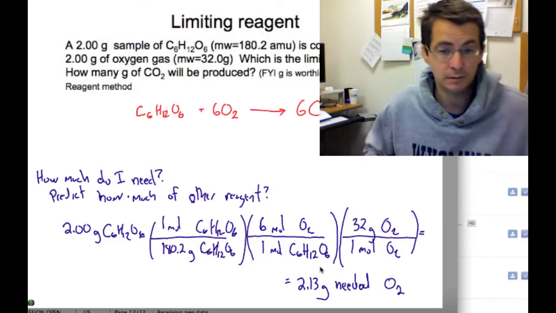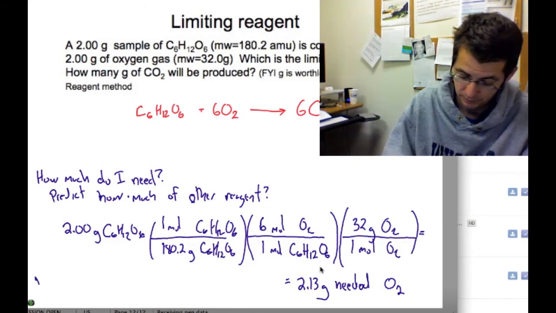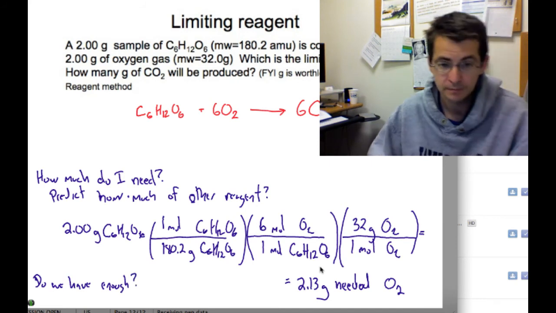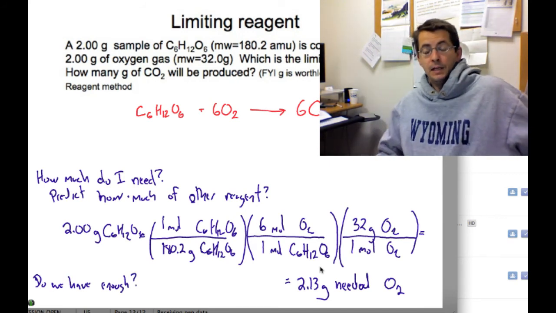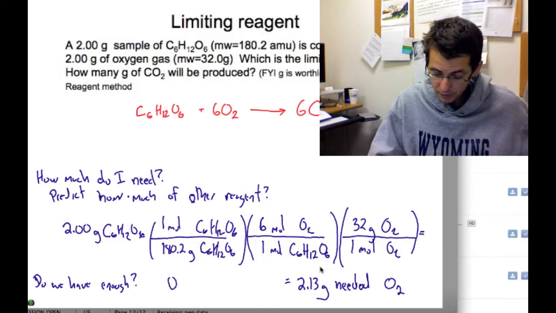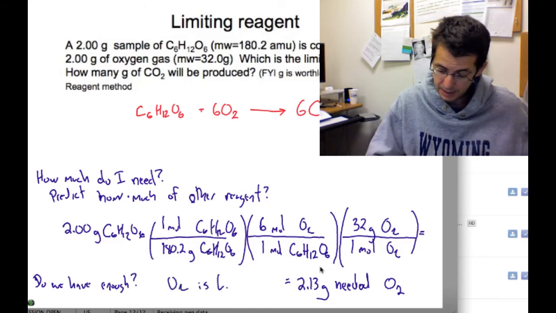And then we look. Do we have enough? And the answer is no, we don't have enough O2. Therefore, O2 is the limiting reagent.